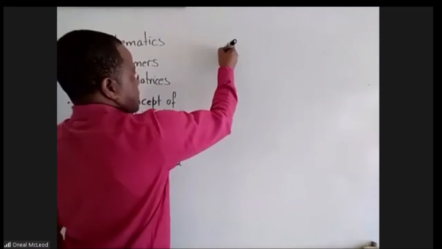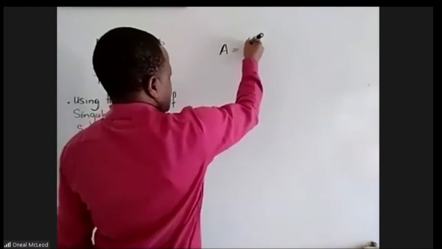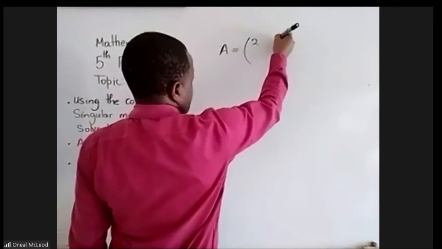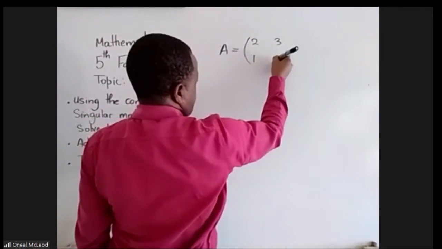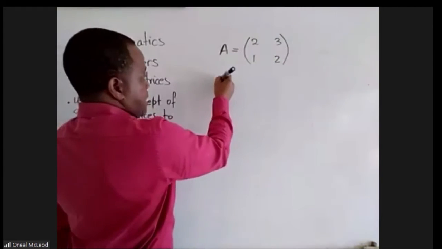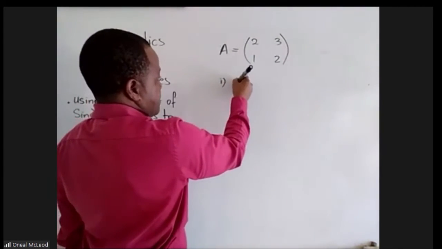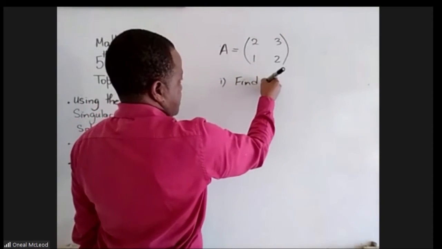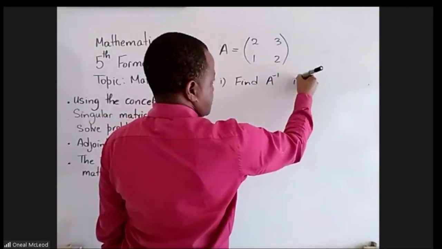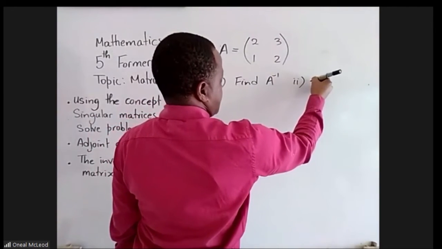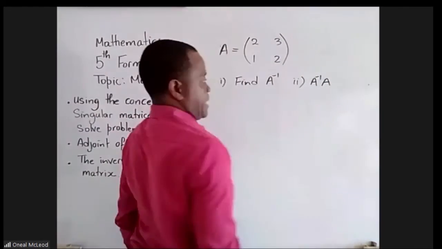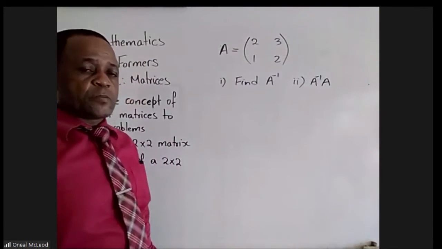So if I give you A, and A is equal to 2, 3, 1, and 2, I ask you to find 1, A inverse, and 2, A inverse multiplied by A.